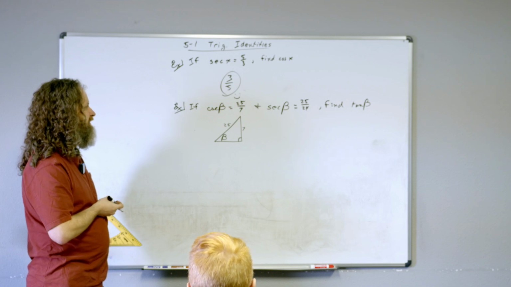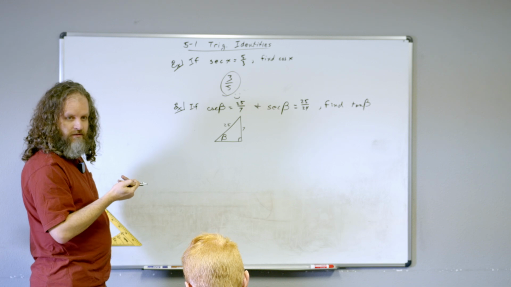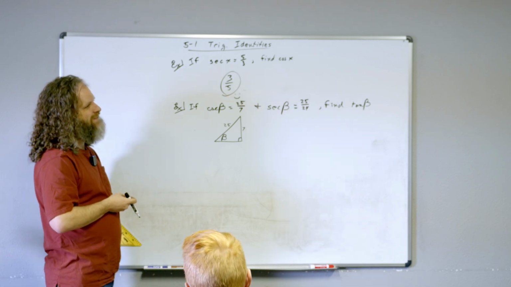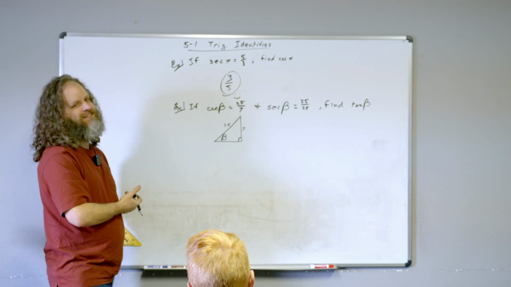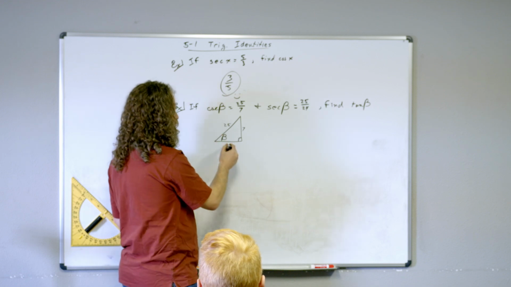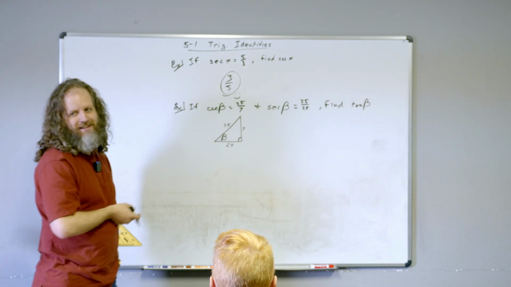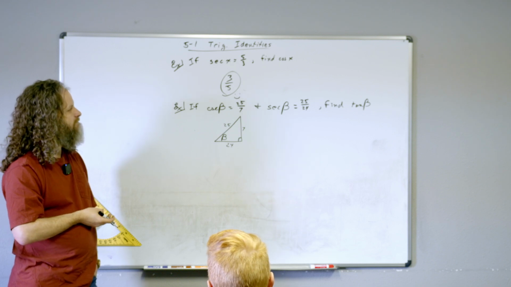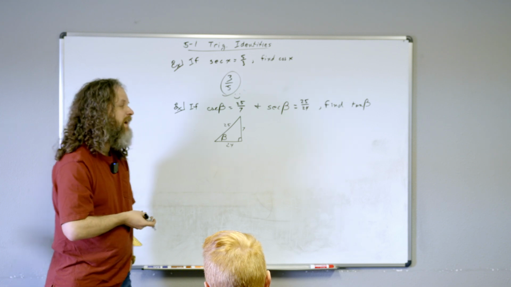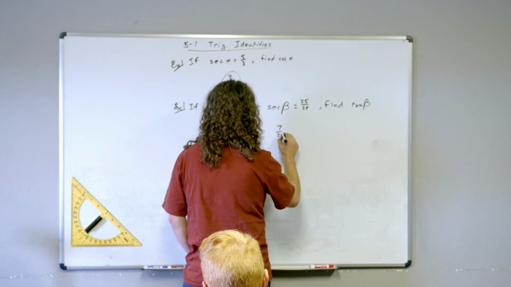It's the reciprocal of cosine, which means it's hypotenuse over adjacent. So what's the tangent of beta? The opposite over adjacent. So it's 7/24.